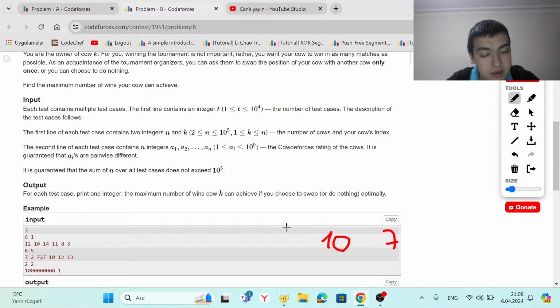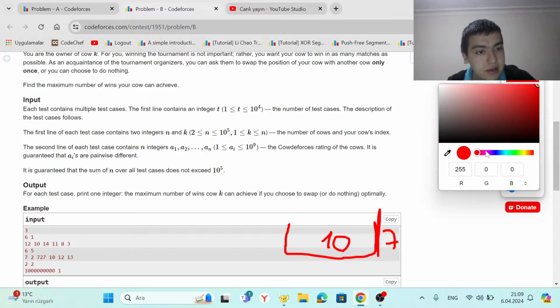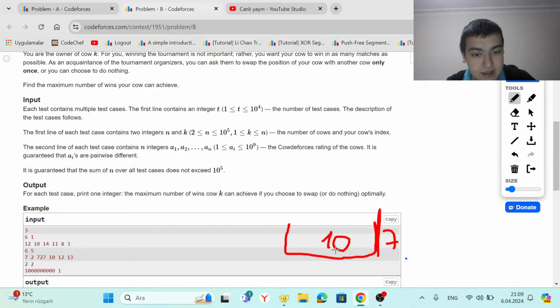The 10, or a number greater than 10, will come to this match, because the winner continues to win the matches. So at least 10 will come to here and match with 7. So 7 will lose the game, and we will win 0 matches. We don't want this situation.